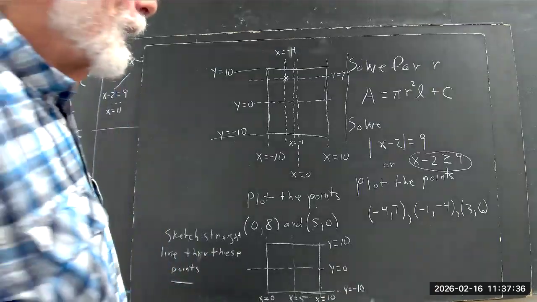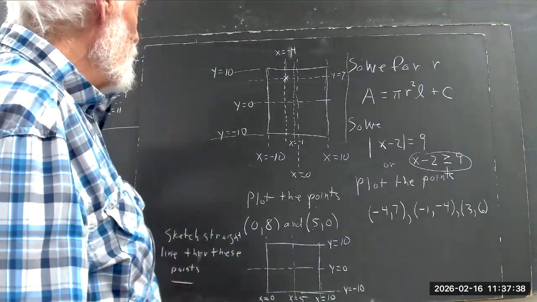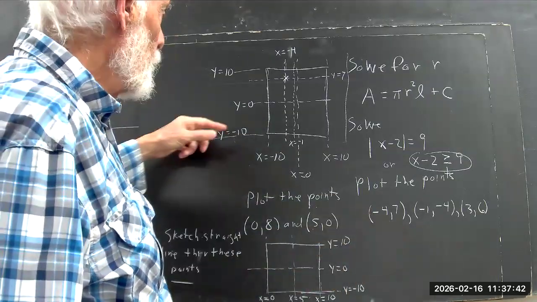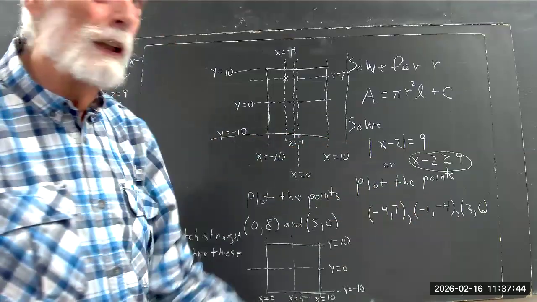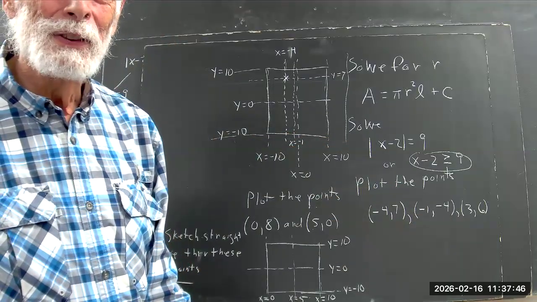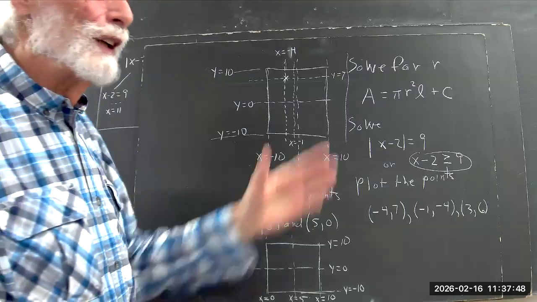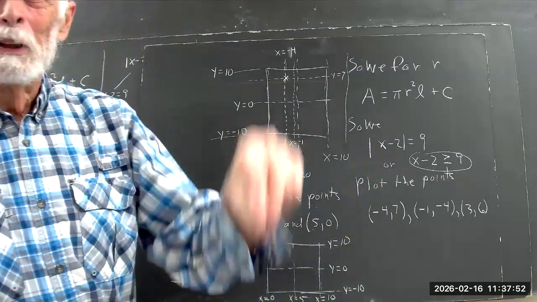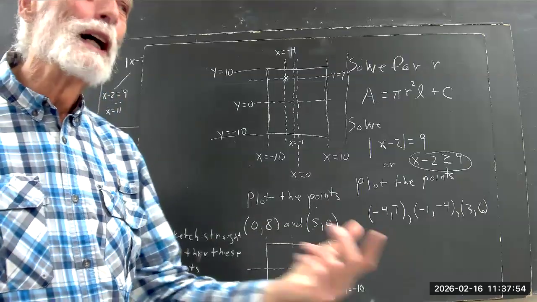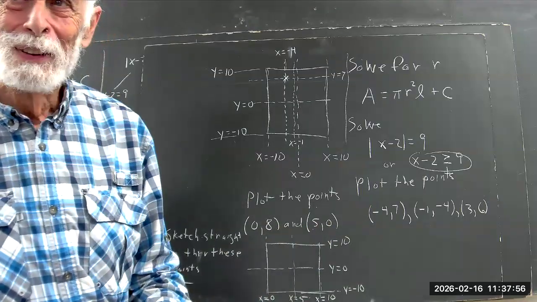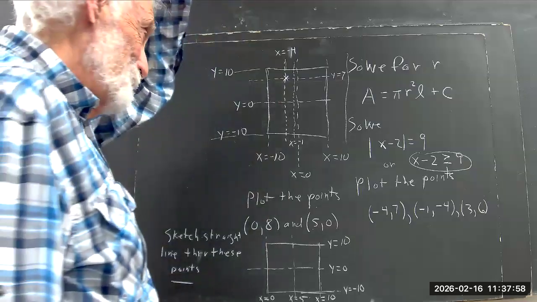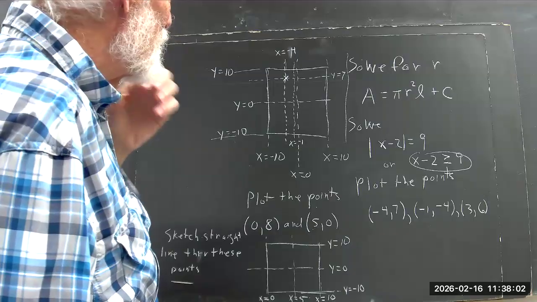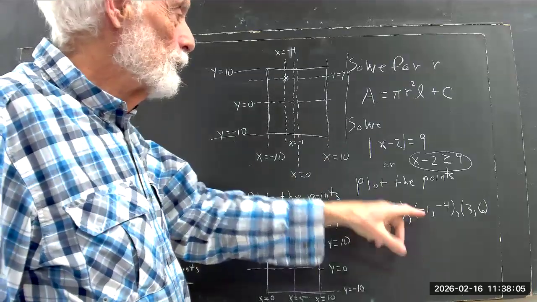Now, if you got the -4, 7 point down near y equals -10, then I'm going to say, nah, if you got the other 2 points right, I'll probably give you most of your credit, but I'll point out your error. But make them reasonably right.